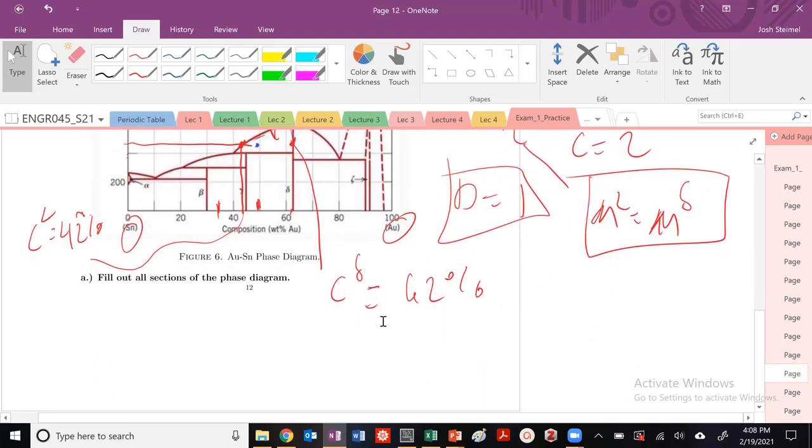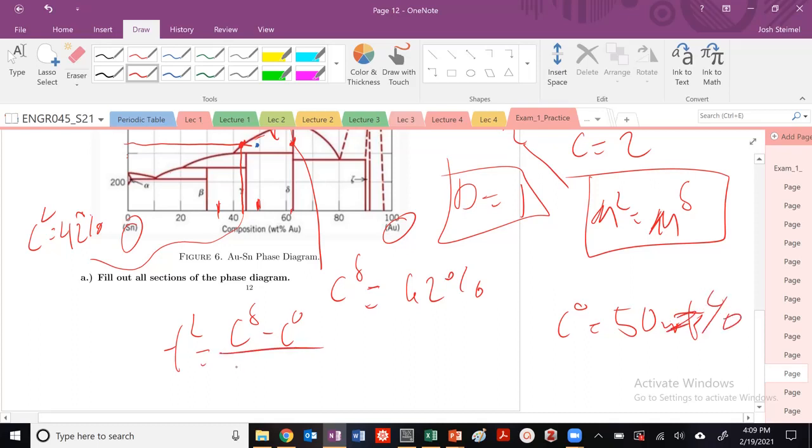Now I can figure out the fraction of my liquid. The fraction of my liquid is going to be my concentration of the solid minus my C naught, where C naught is given in the problem statement as 50 weight percent, divided by C delta minus the concentration of the liquid.